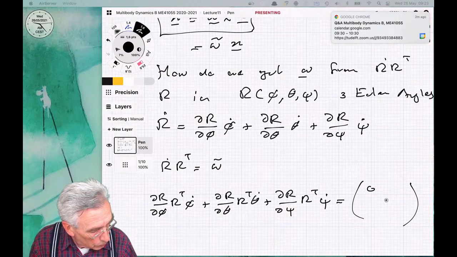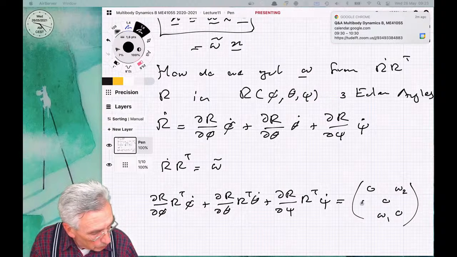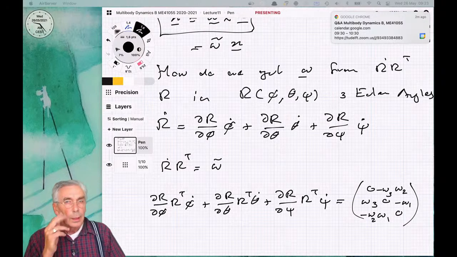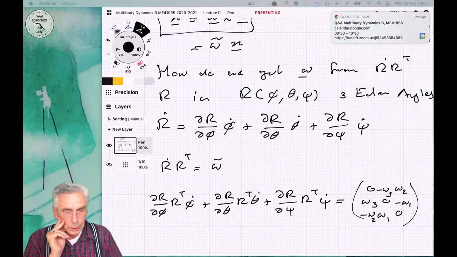So that's this 0, 0, 0, omega 1, omega 2, omega 3, minus omega 3, minus omega 1, minus omega 2. Now here we have to reflect a little bit.